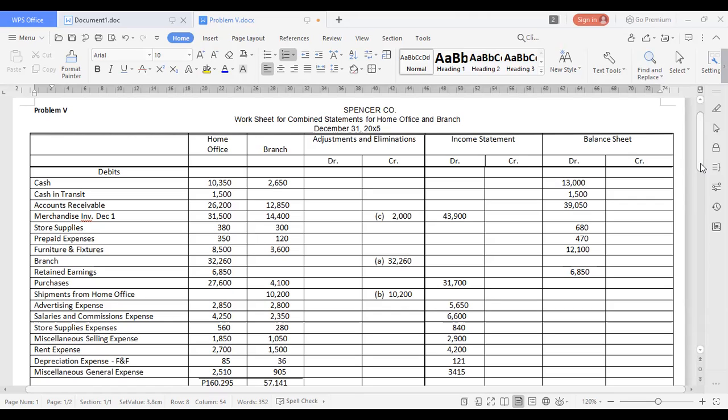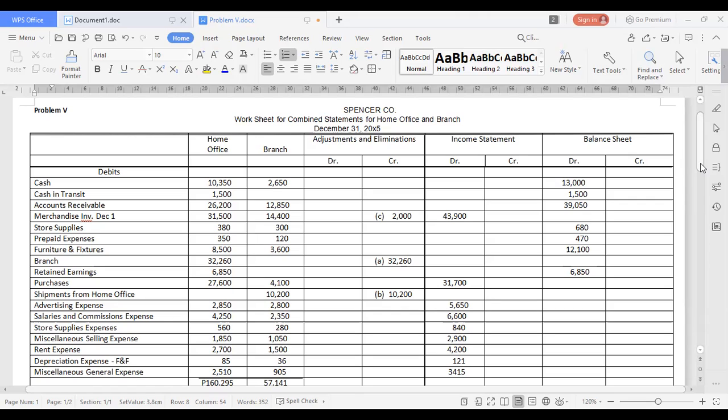Okay, then we have shipments from home office. By the way, it's a debit. It appears among the debits of the branch. Shipments from home office is a debit balance in the books of the branch.